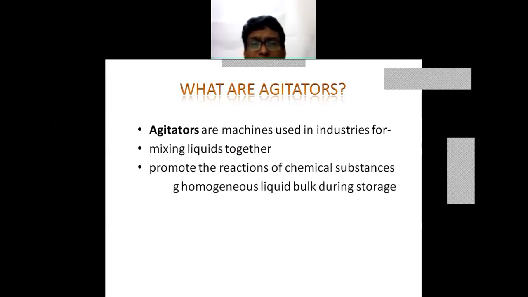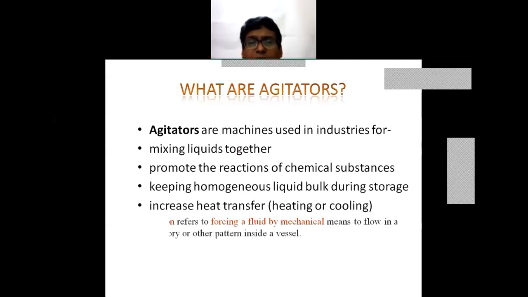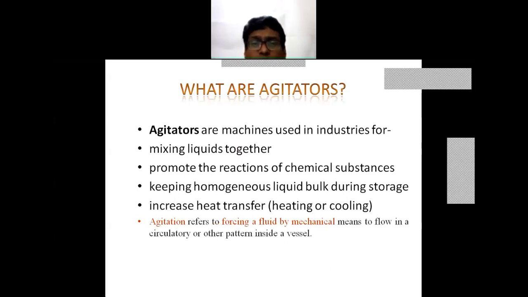So what are agitators? Agitators are the machines used in industries for mixing liquids together to promote the reaction of chemical substances, keep a homogeneous liquid bulk during storage, and increase the heat transfer.